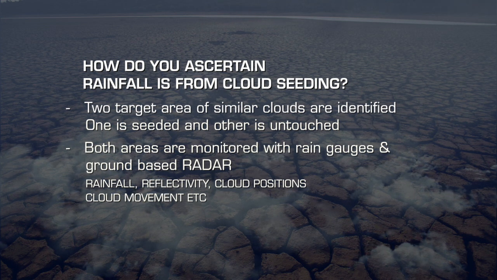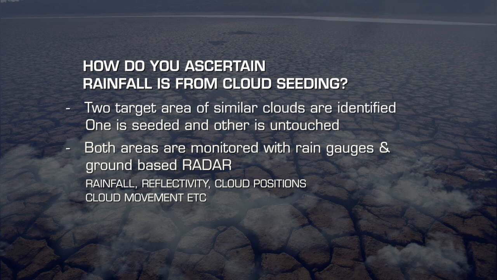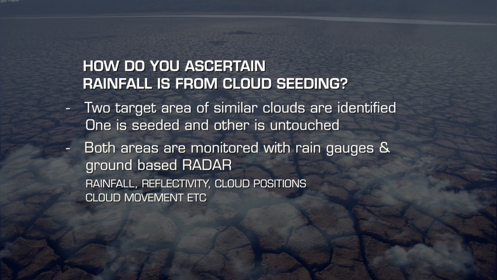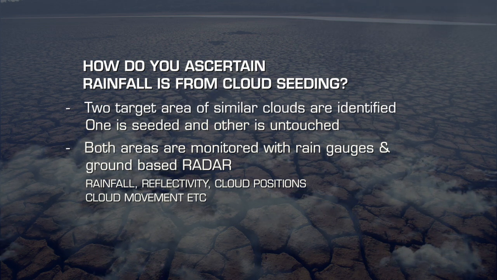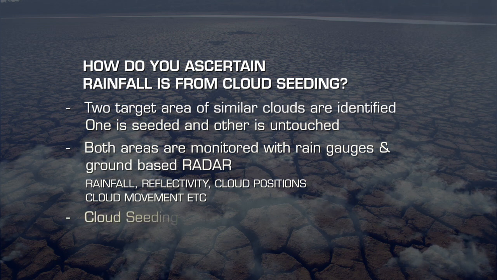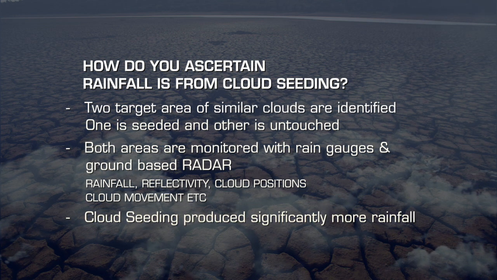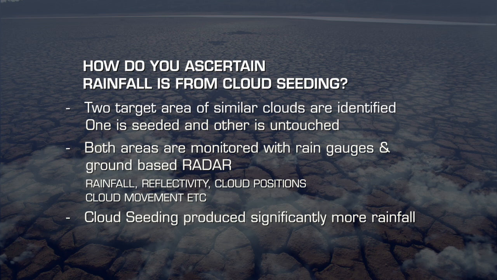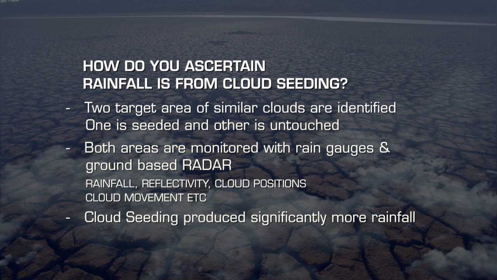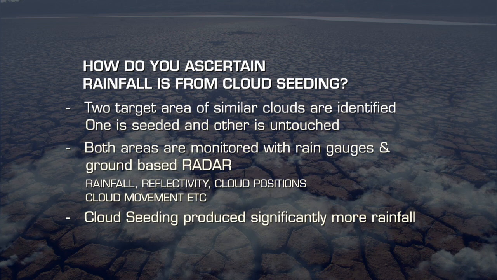This has been studied for as long as 3 decades by various institutions globally, including India. It has been proved that seeded clouds produced significantly more rainfall in comparison to non-seeded clouds.